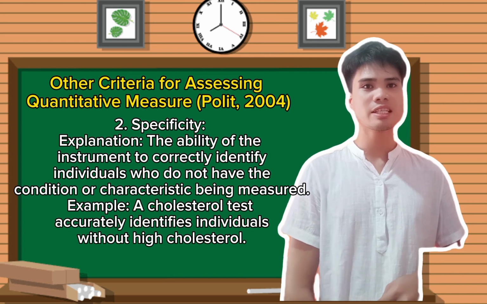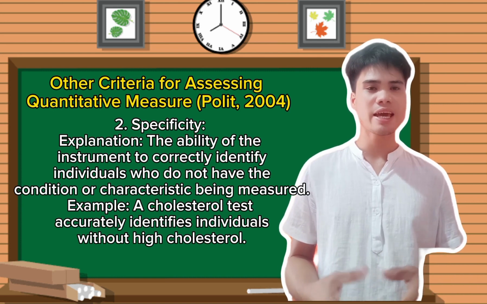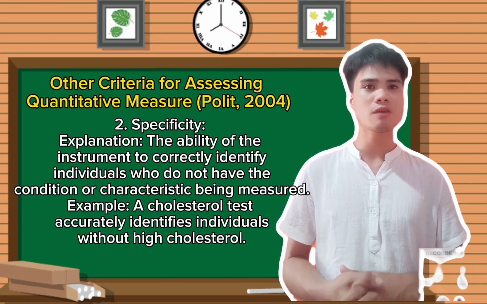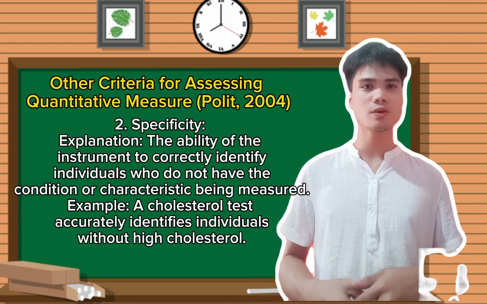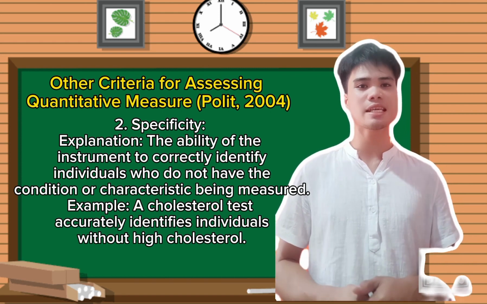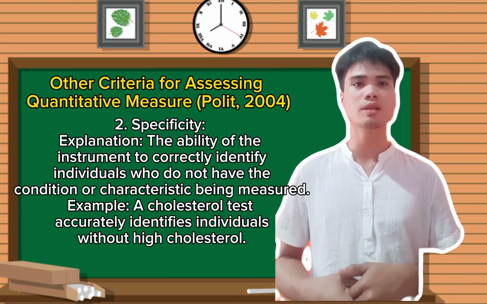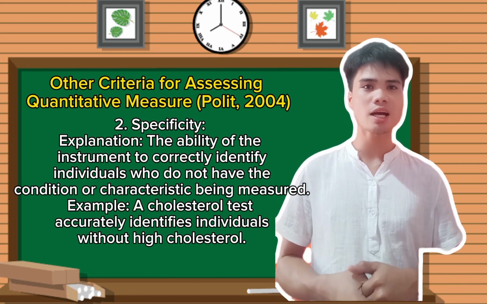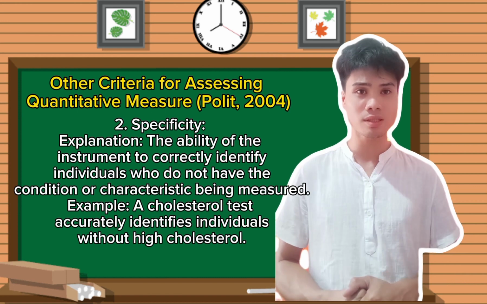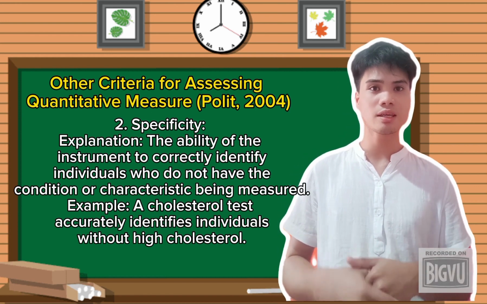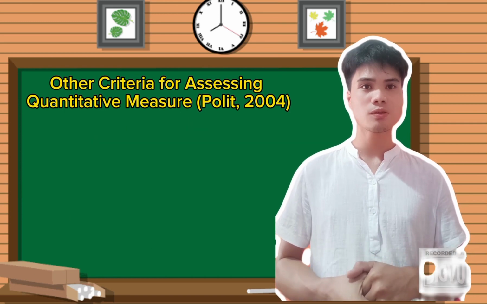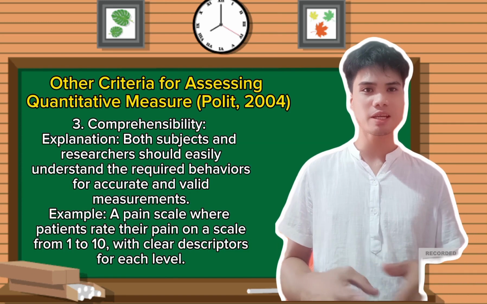Number 2, the specificity. This is the ability of the instrument to correctly identify individuals who do not have the condition or characteristic being measured. For example, a cholesterol test accurately identifies individuals without high cholesterol.